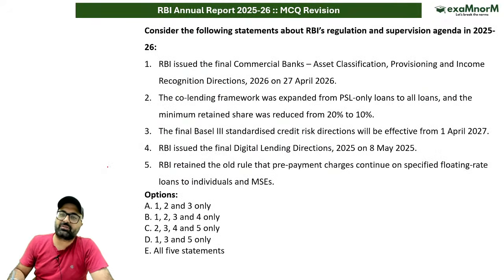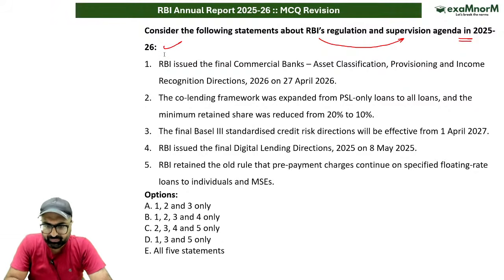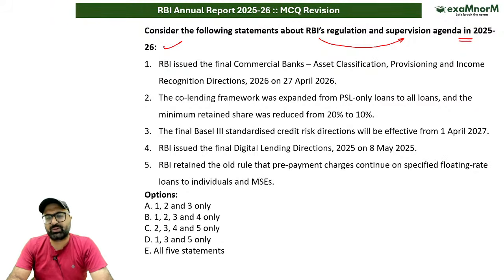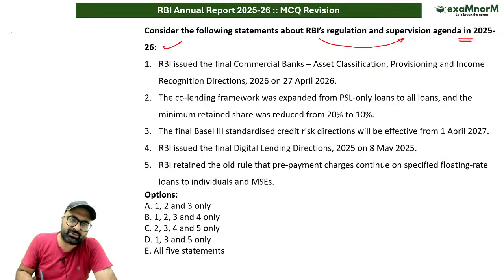अगला point देखो. Consider the following statement with respect to RBI's regulation and supervision agenda in 2025-26. अगर मैं RBI के supervision and regulation एजेंडास की बात करूं तो इसमें बहुत सारी चीजें हुई हैं by RBI recently. सबसे पहले सर 11,000 मास्टर डायरेक्शंस को, 11,000 आई वुड से इंस्ट्रक्शंस नाउ हैव बीन concluded into 244 master directions.